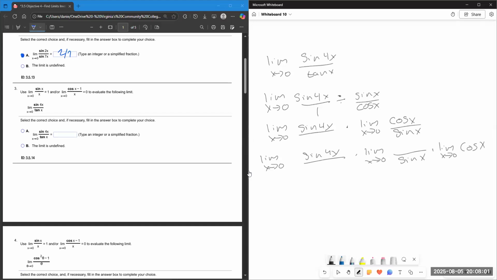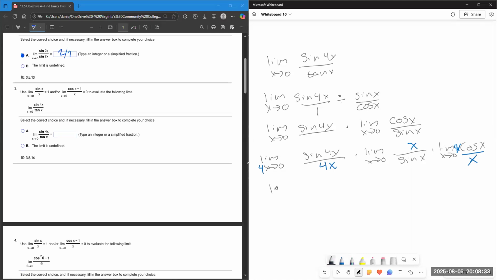Grab my different color here, and we want to make this x, and then over here we'll divide by x, and then we want to divide by 4x, and then over here we'll multiply by 4x. X over x will cancel here, so we're going to have 4x and just x there.